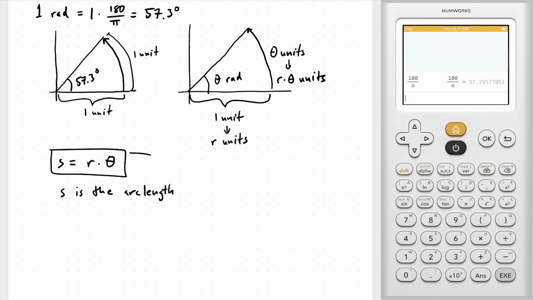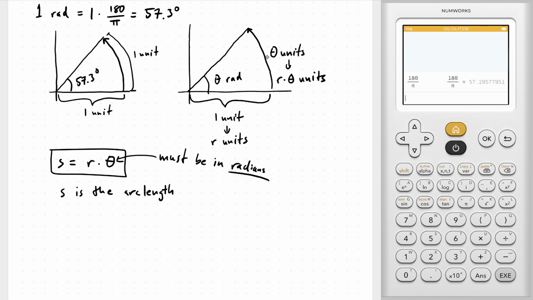And keep in mind, theta right here must be in radians. Okay, so this is the power of using radians, is that it makes it very, very easy to calculate the length of an arc.